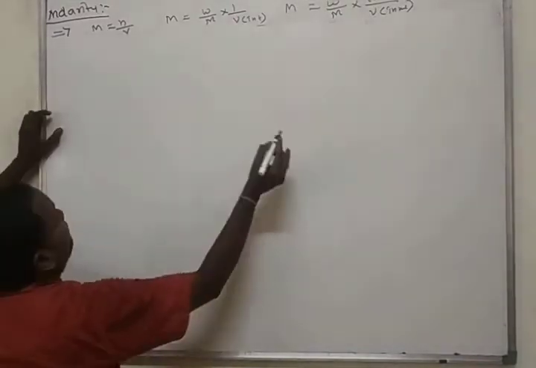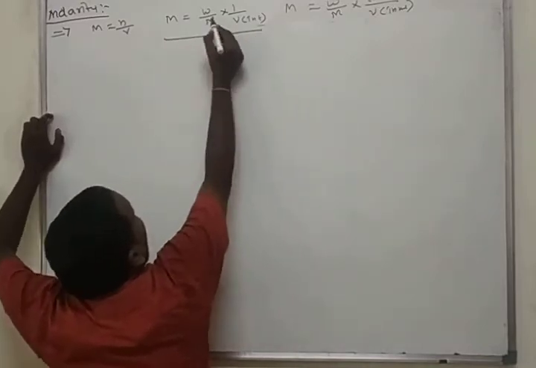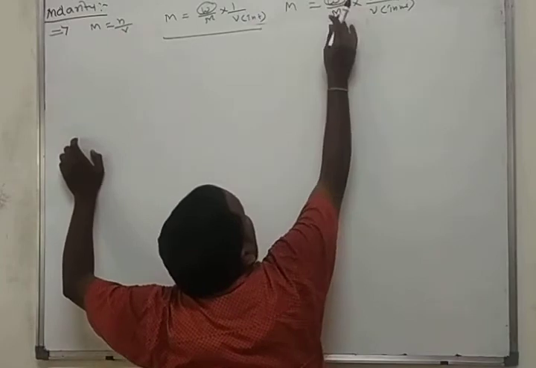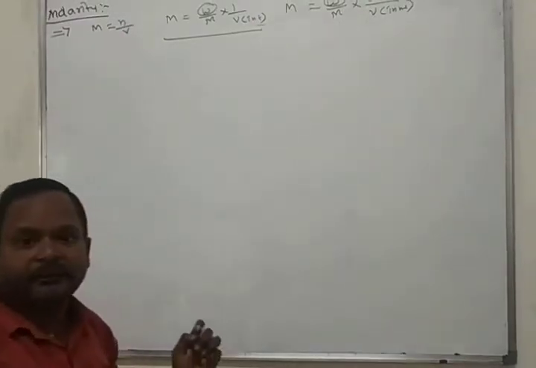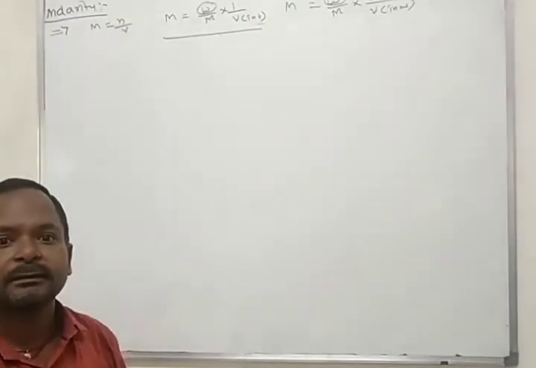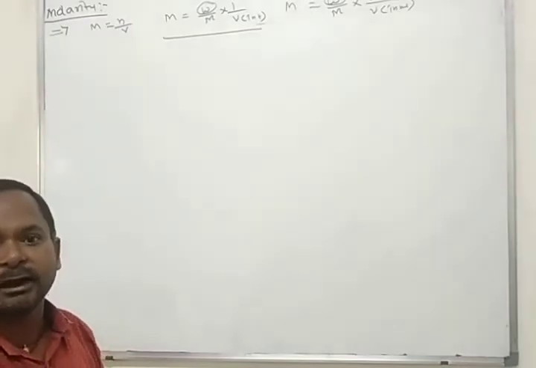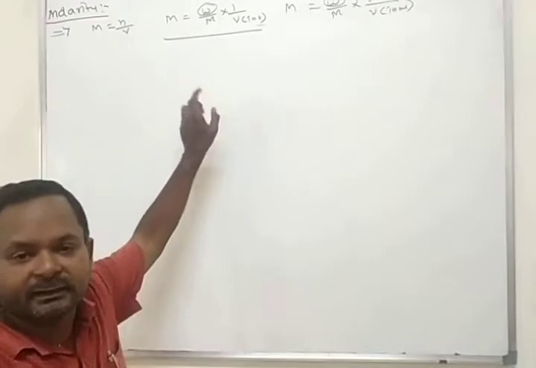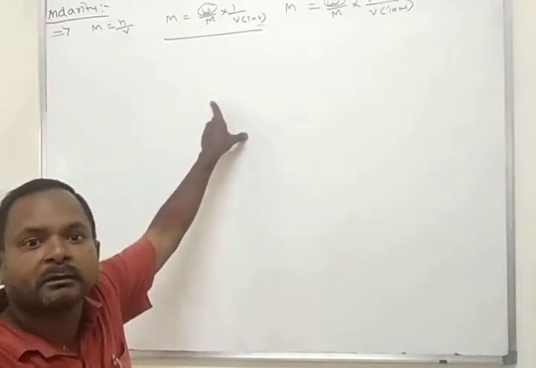Here you take this principle and calculate the weight. Here also you calculate the weight. If you know the molarity, how do you calculate the weight? This is used for the preparation of a solution.